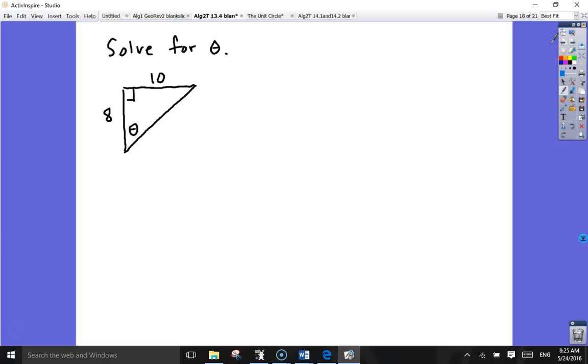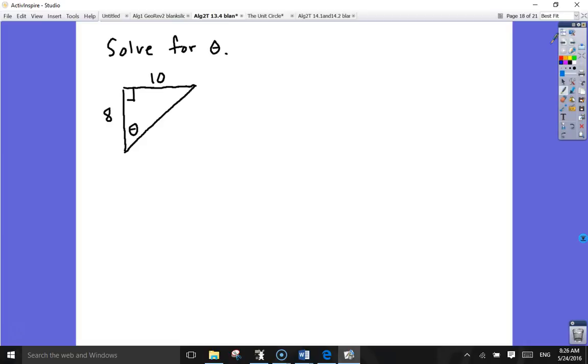Okay, so now we can get back to this stuff we actually did before, right? Because now we're just doing solving right triangles. How do I find theta, the angle theta in a right triangle? In this particular case, which trig function are we going to use?